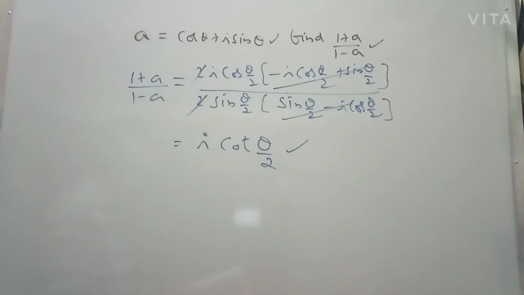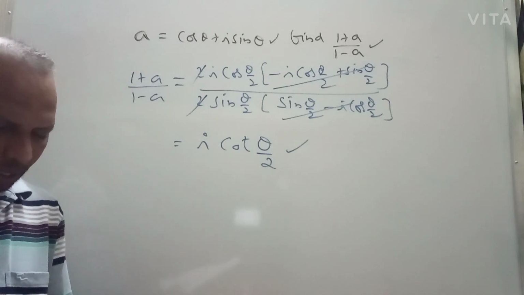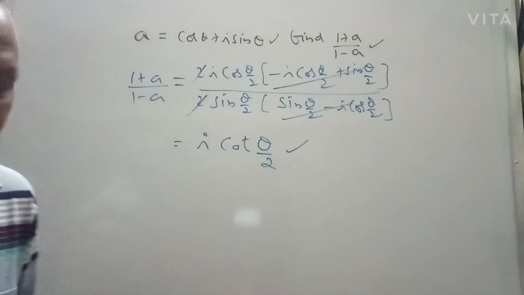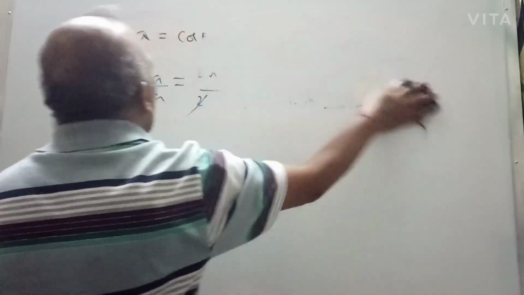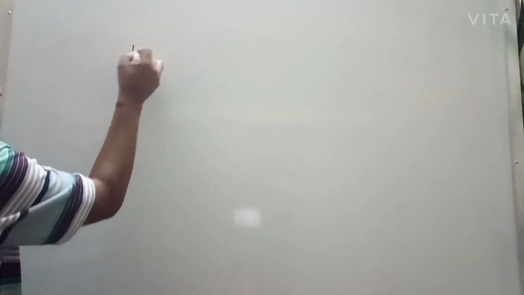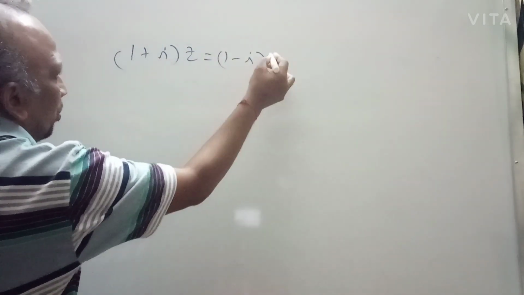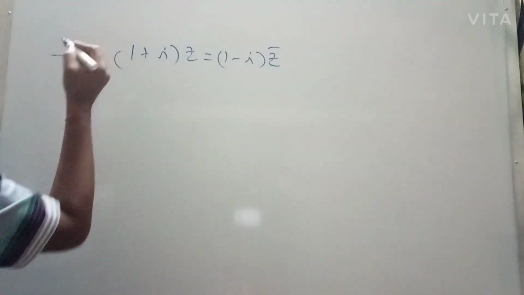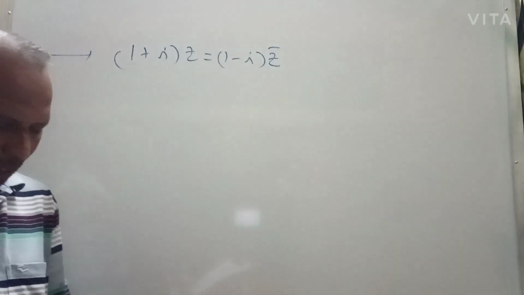Now I will tell you one more problem here. Next I will explain one more problem. If 1 plus i into z equals 1 minus i into z bar, this is the problem they have given.